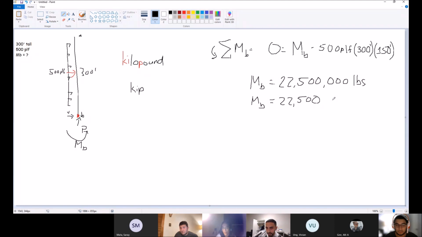So we have 22,500 kip. Imran, the KIPS is actually not 1,000 pounds, it's around 2,000. It's 1,000 kilo, but the kilo is about 2 pounds.